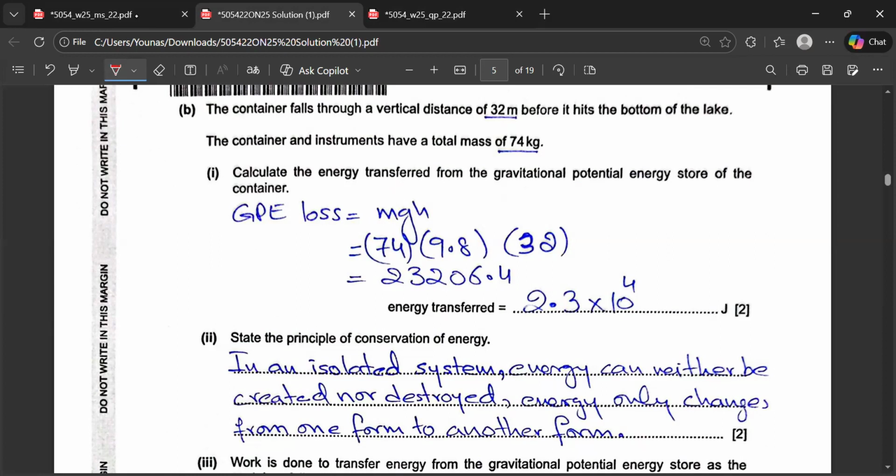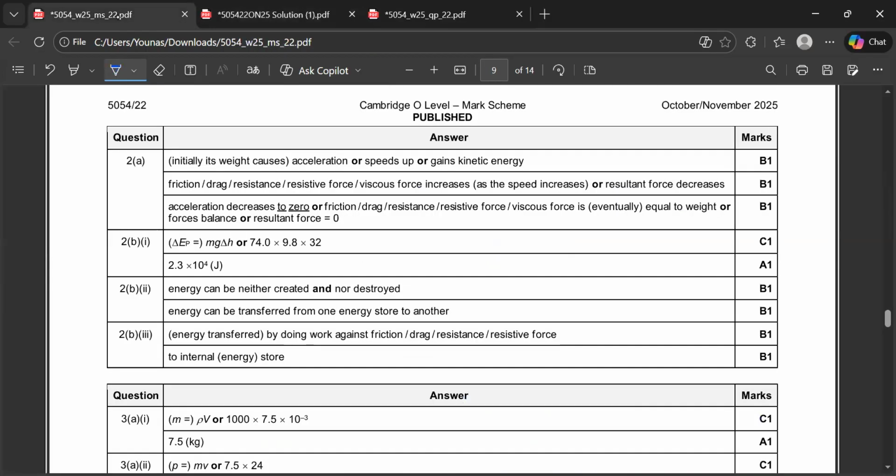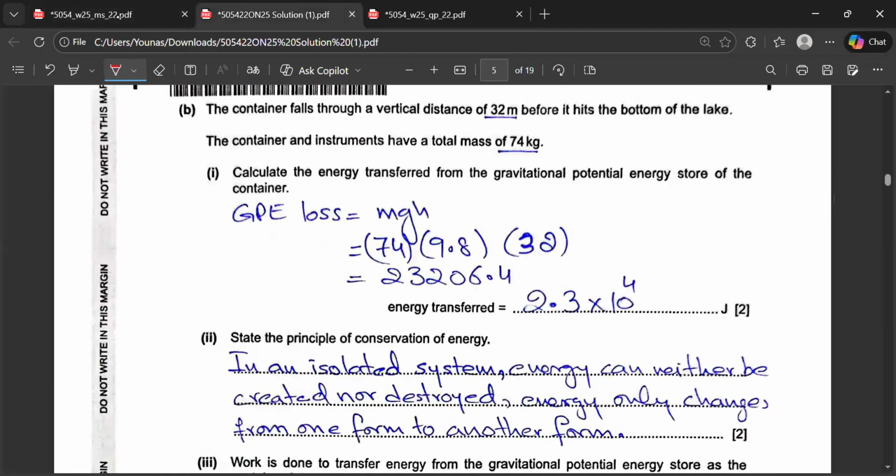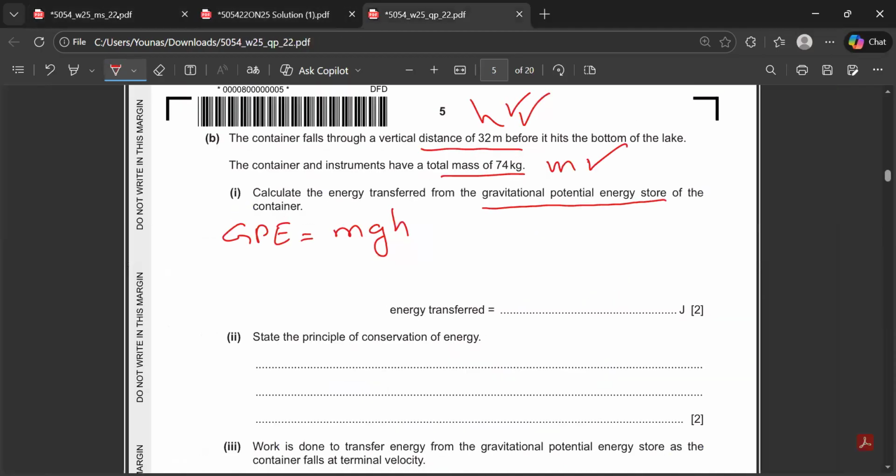So you can say 23206.4, so you can round it up to 2.3 × 10^4 joules. Let's check the marking scheme. In the marking scheme, it says 2.3 × 10^4 joules. Our answer is right. So this is my solution of the B part.